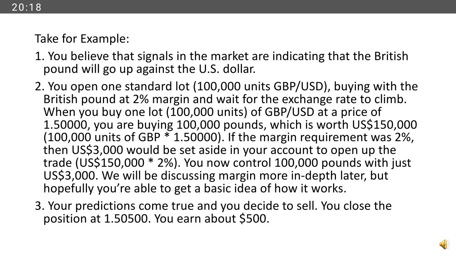So then $3,000 will be set aside in your account to open up the trade. That's 150,000 US dollars times 2%. So you now control 100,000 pounds with just 3,000 US dollars.